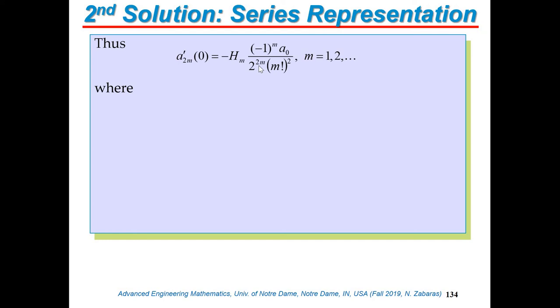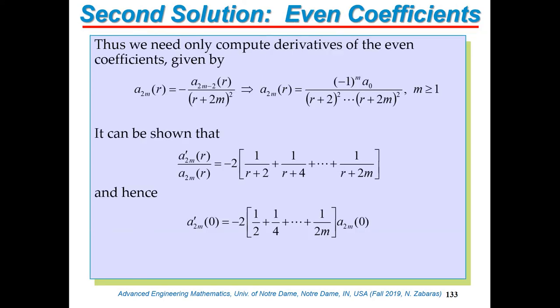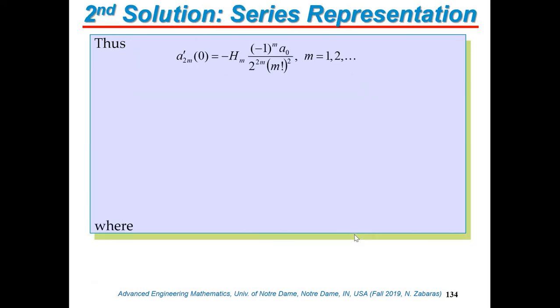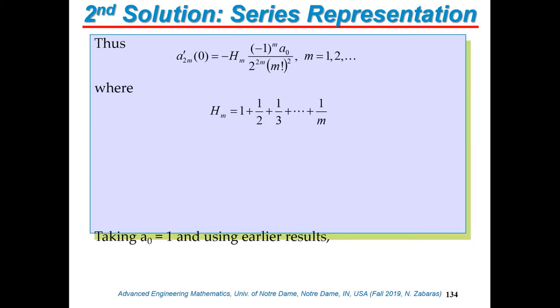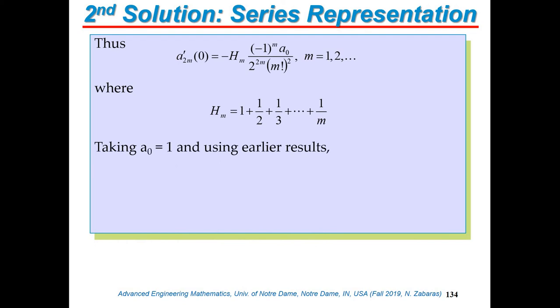Again, I have done nothing but, you remember, evaluating the derivative from here gives this expression that I'm going to call H times the coefficients, and if you evaluate the coefficients at r equal to 0, we have an expression for those. So effectively, we have an expression for the derivatives.